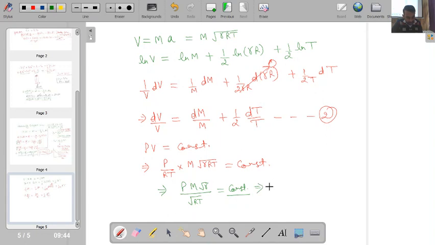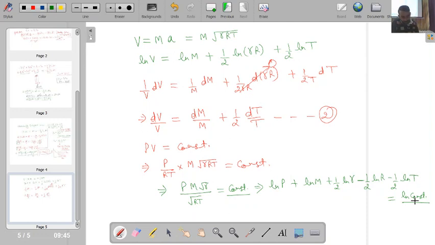So I will get ln of P plus ln of M plus 1 by 2 ln of gamma minus 1 by 2 ln of R minus 1 by 2 ln of T, equal to ln of constant. Is this point clear?